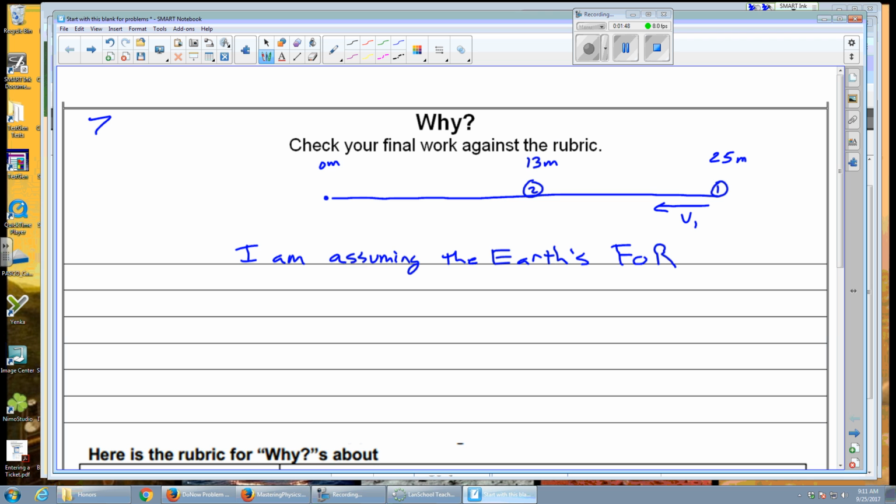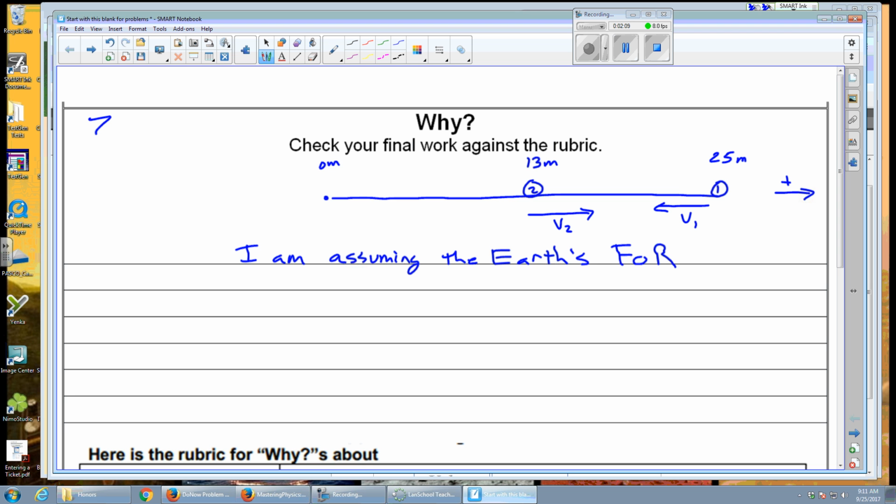That one's moving that way, that one's moving that way. That's the situation. I assumed positive was this way. Sorry, I should have asked you guys.